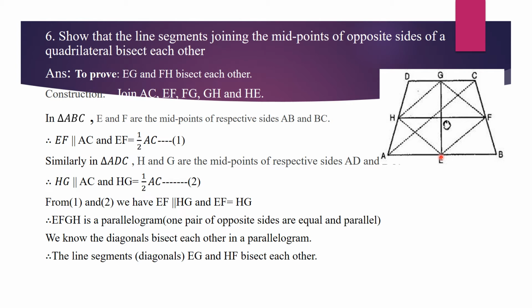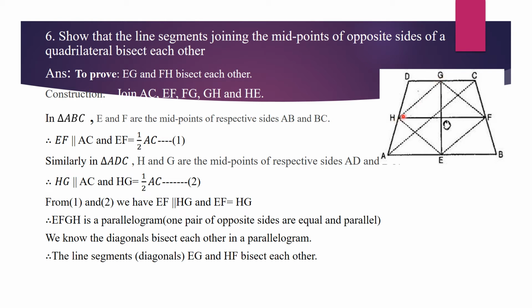Consider the triangle ABC. We can see E is the midpoint of AB and F is the midpoint of BC. Using the midpoint theorem, we can write EF will be parallel to AC and EF is half of AC, and consider that as equation number 1. In the second triangle ADC, we can see H is the midpoint of AD and G is the midpoint of CD.